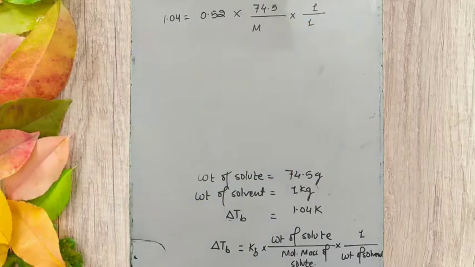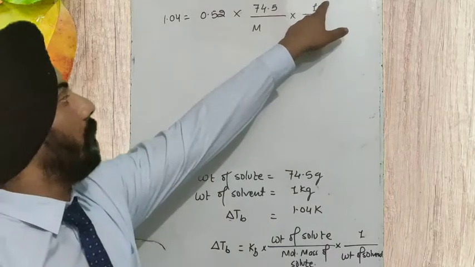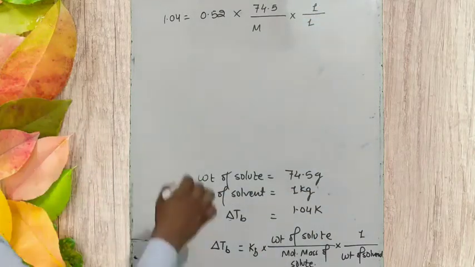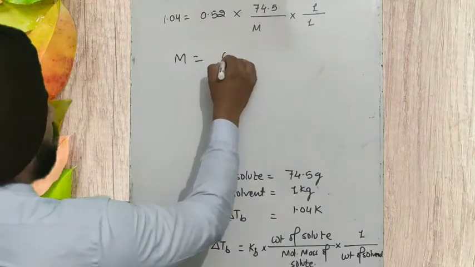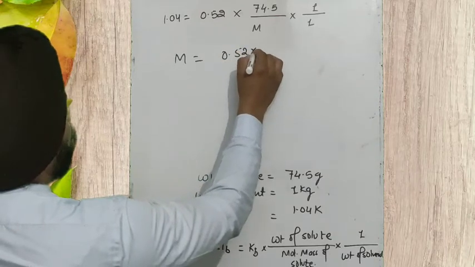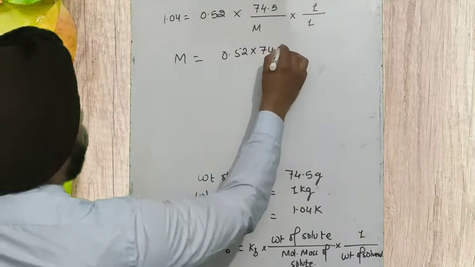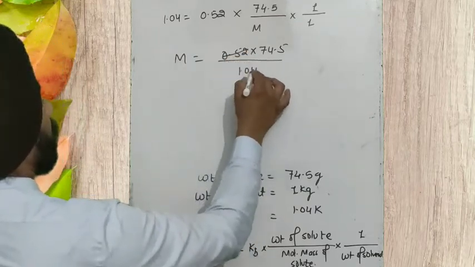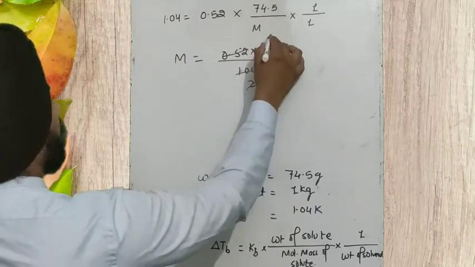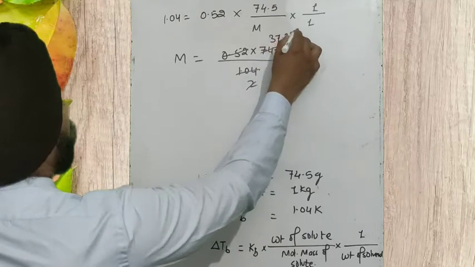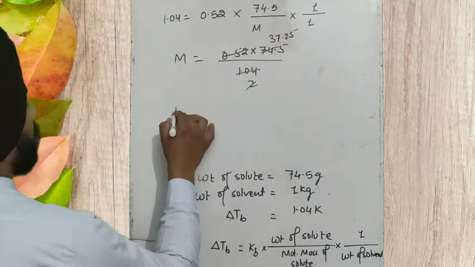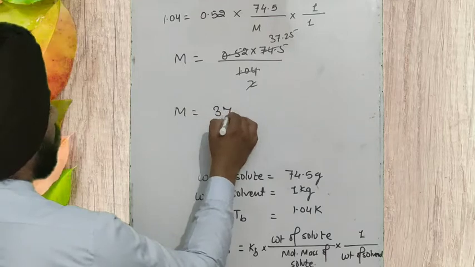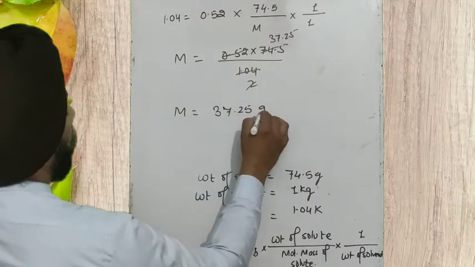If it is in gram, then we have to put 1000 here. So M is 0.52 into 74.5 divided by 1.04. That is 2, and that is 37.25. So molecular mass is 37.25 gram per mole.